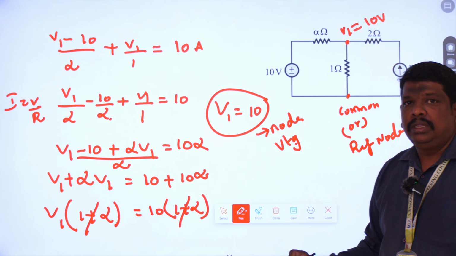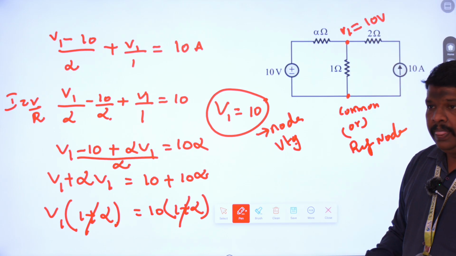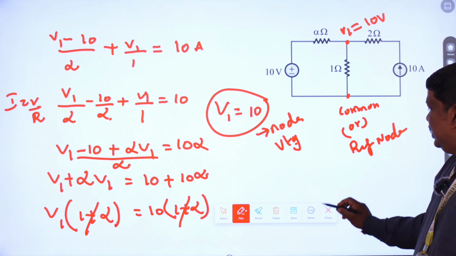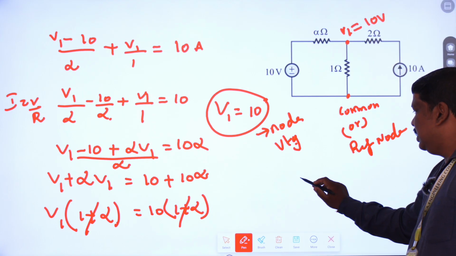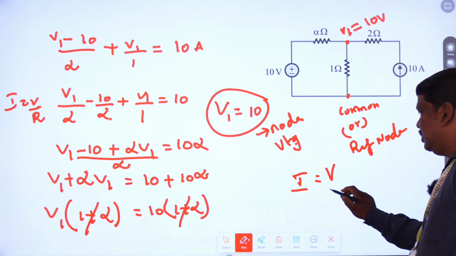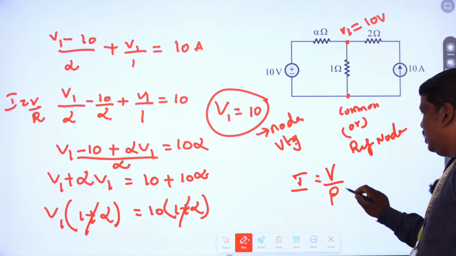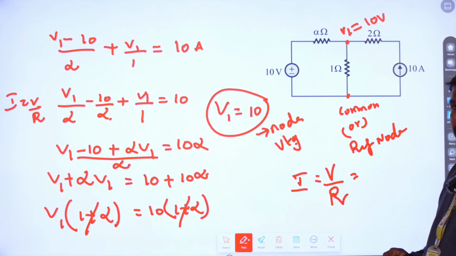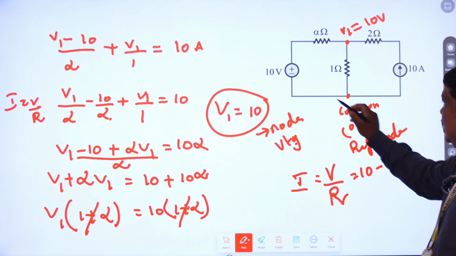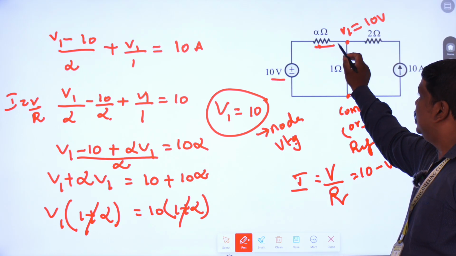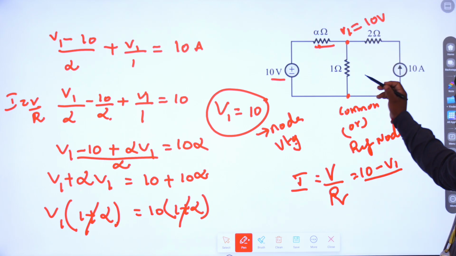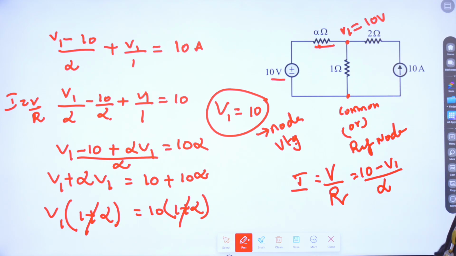Now we have calculated the node voltage V1, and next we have to find the value of the current. How can we find the current? The formula is I is equal to V by R. The voltage V is equal to 10 minus this node voltage V1, divided by alpha.